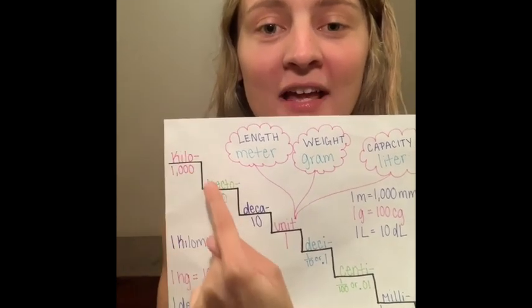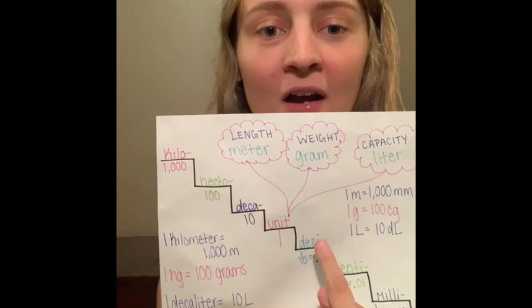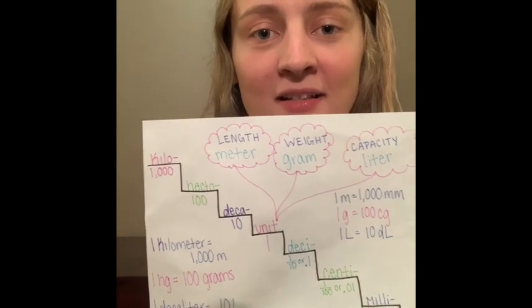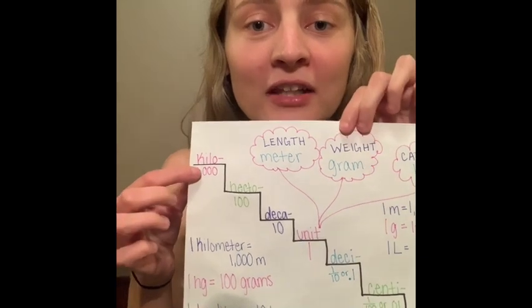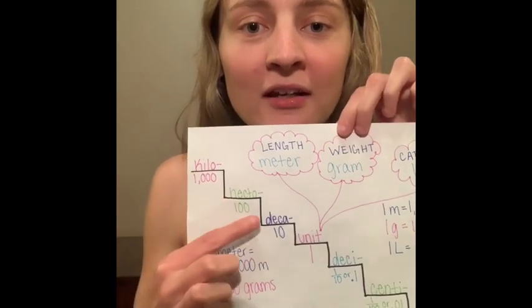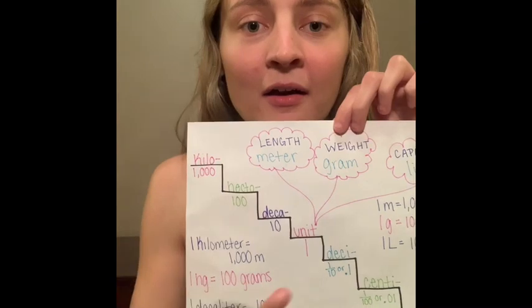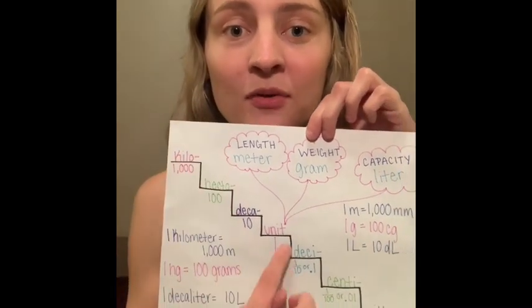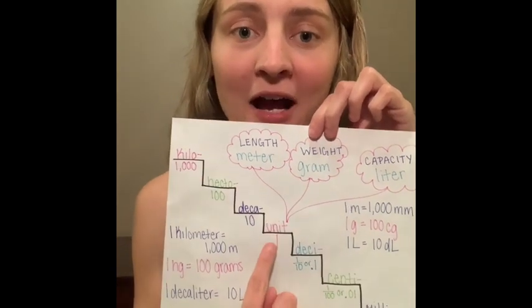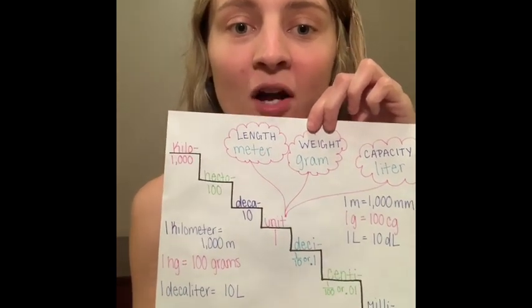The first letter of these 6 staircases is the first letter of King Henry died. By is unit, as in base unit. So these are our base units. By drinking chocolate milk.